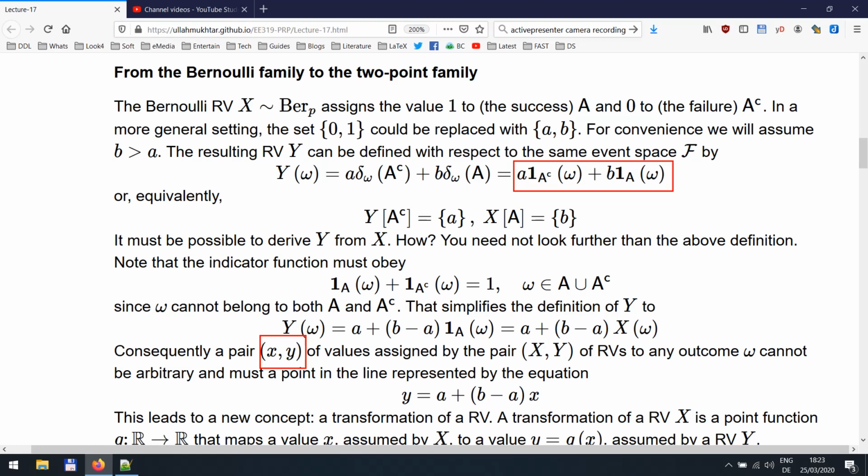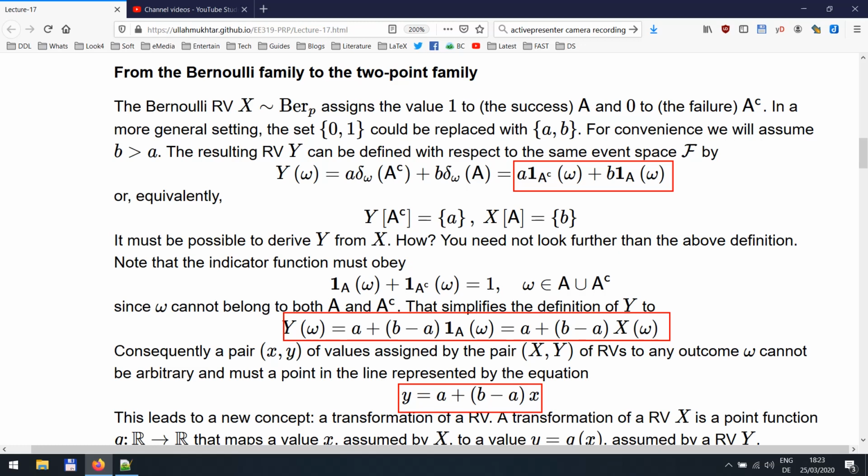What this equation tells you is that small x and small y, because they are values of upper x and upper y, cannot be chosen arbitrarily. They must respect this equation. You see, this equation is just the equation above, with uppercase X replaced with small x and upper Y replaced with small y.